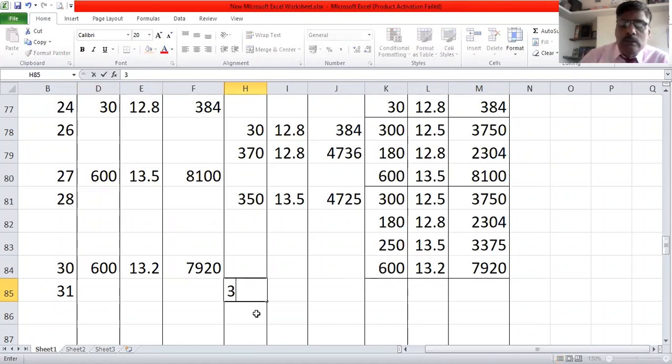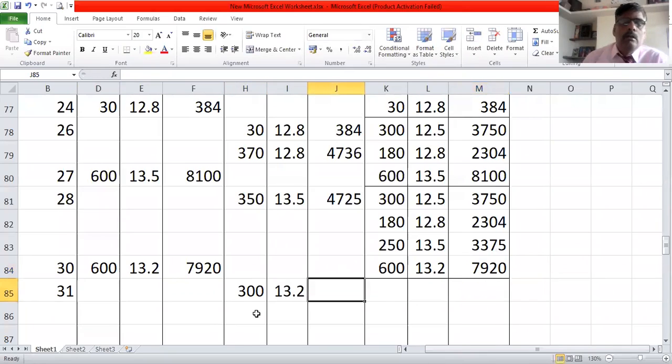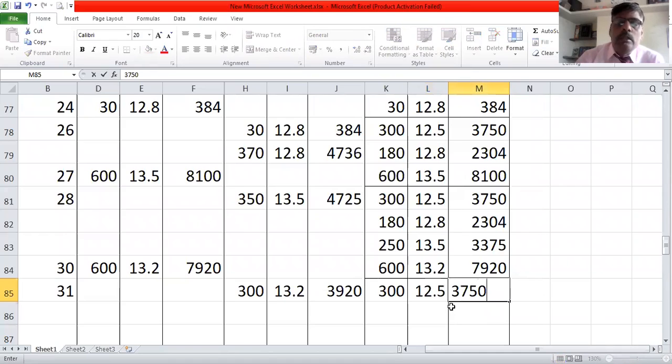You issue from the last lot 300 at the rate of 13.20. Then balance is 300 at the rate of 12.5, 3,750.